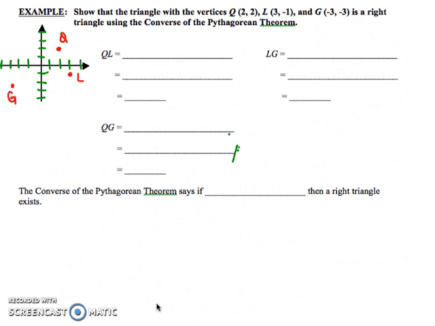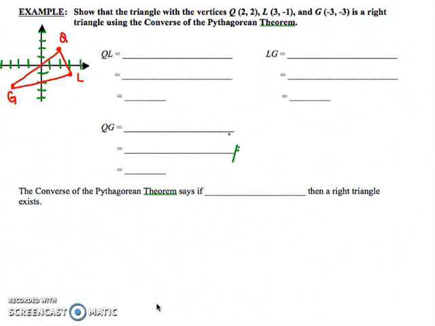So these 3 points form a triangle. And we are asked to prove that this triangle is a right triangle using the converse of the Pythagorean theorem. So basically, we are just going to use the distance formula to find the lengths of the three sides of this triangle and then decide if a squared plus b squared equals c squared.